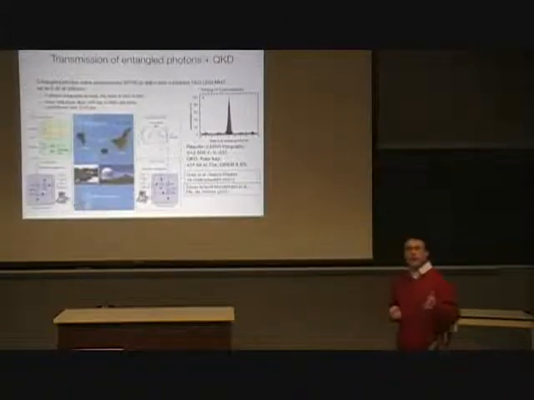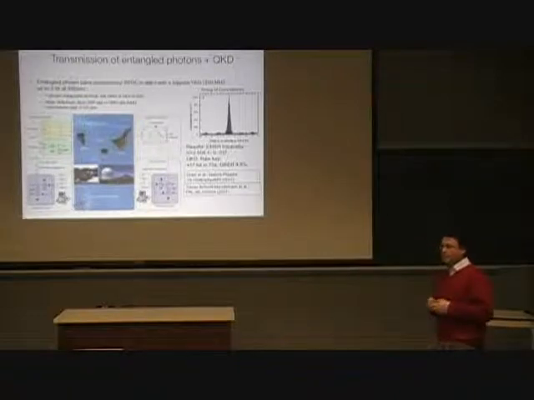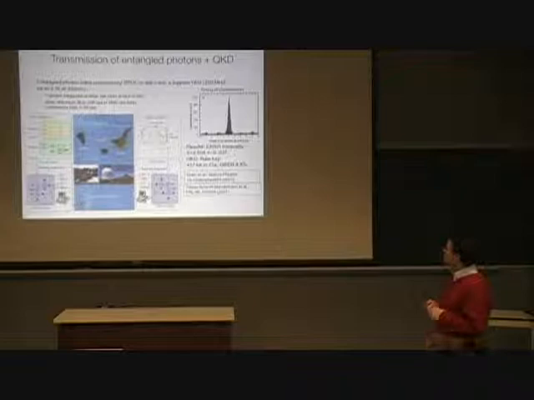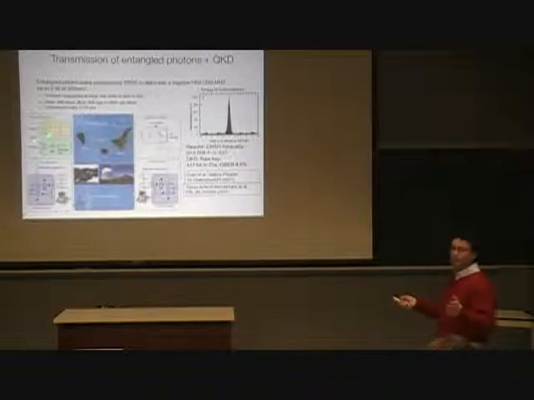The other way of transmitting photons is in free space. There has been quite a range of experiments in the last decade. This was so far the longest transmission for entangled photons, over 144 kilometers on the Canary Islands from one island to the other.